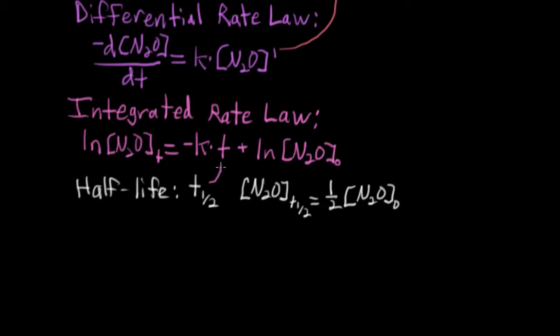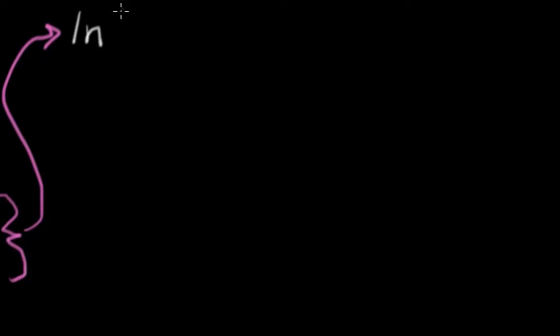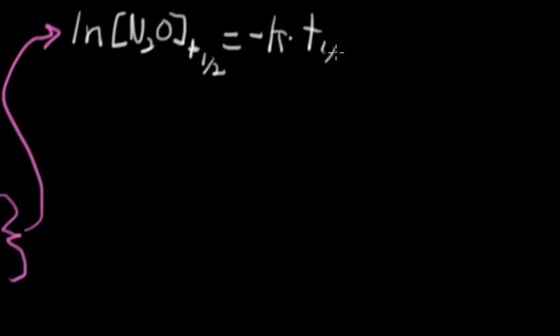The half-life time goes into this t slot here, and the concentration of N2O gas associated with that time is N2O sub T1/2. So we plug that in, and we get that the natural log of the concentration of N2O gas at the half-life T1/2 is equal to negative k times T1/2 plus the natural log of the initial concentration of N2O gas.